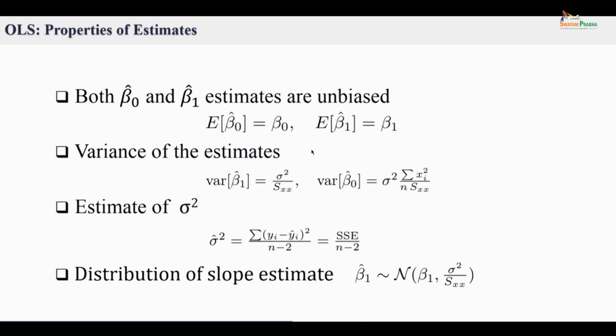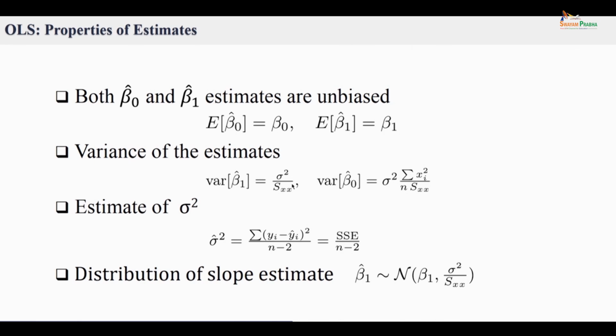The second important property that we need to derive about the estimates is the variability of the estimates. Notice we get different estimates of beta naught hat depending on the sample that we have drawn, and therefore we want to ask what is the spread of these estimates of beta naught hat and beta 1 hat if we were to repeat this experiment. We can show, based on the assumptions we have made, that the variance of beta 1 hat will be equal to sigma squared by Sxx.